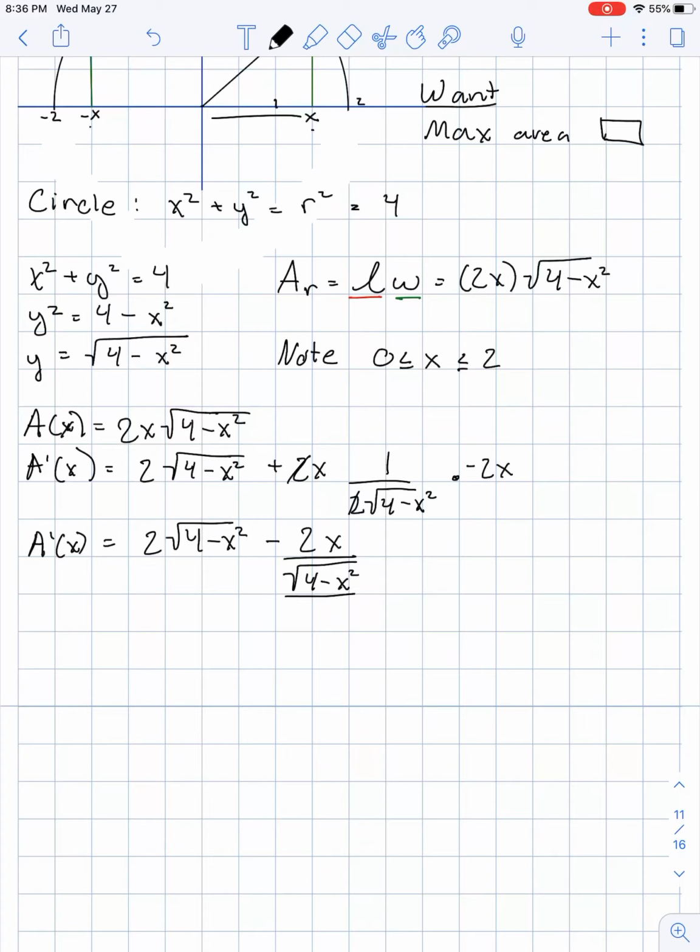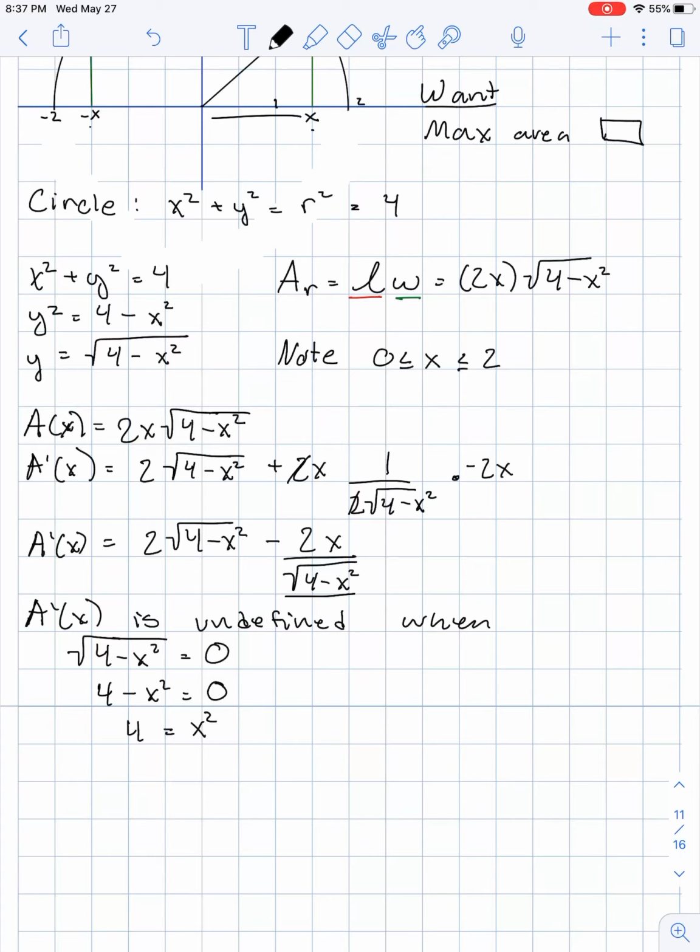So A prime of x is undefined when the square root of 4 minus x squared is equal to 0. So then that means when 4 minus x squared is equal to 0, and x equals plus or minus 2.